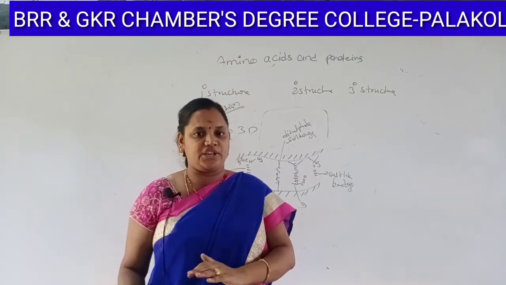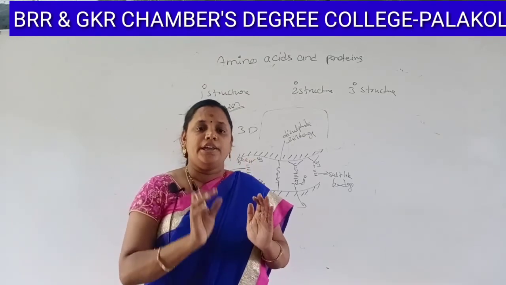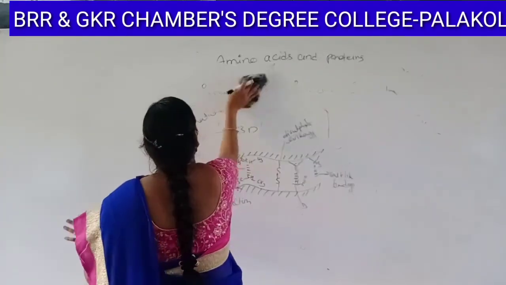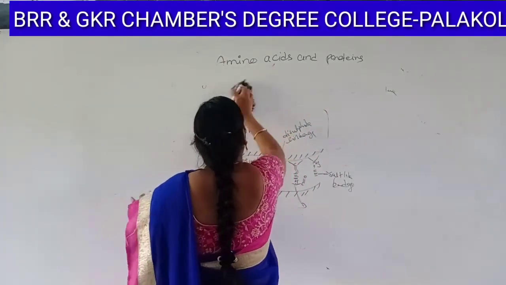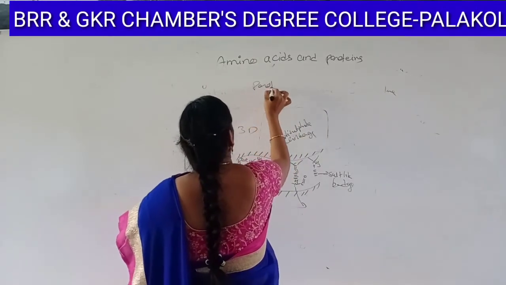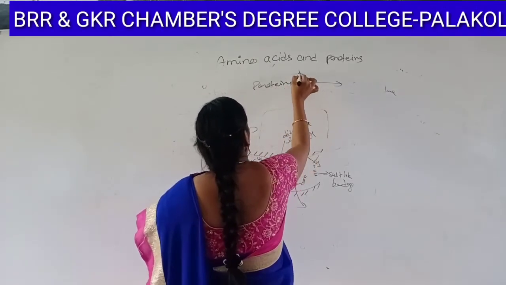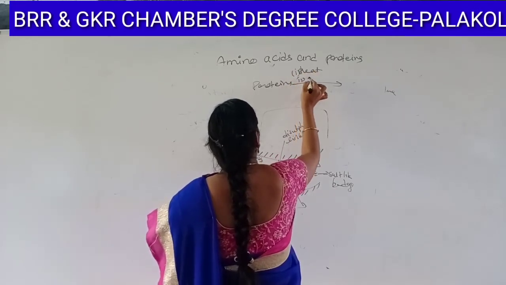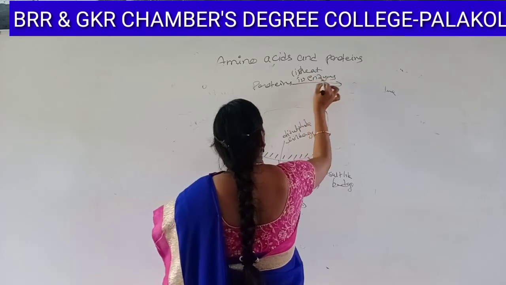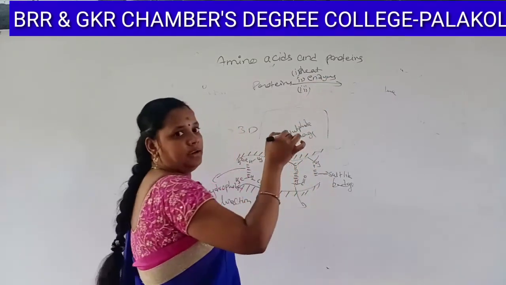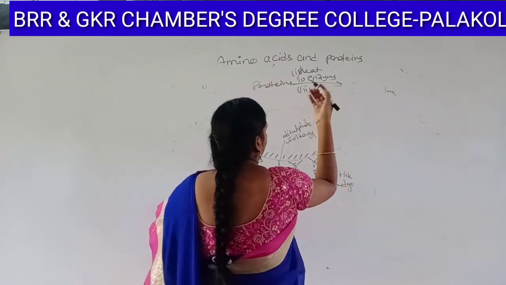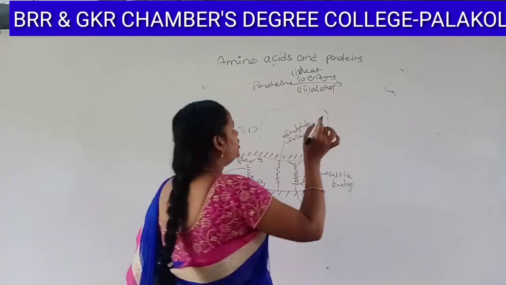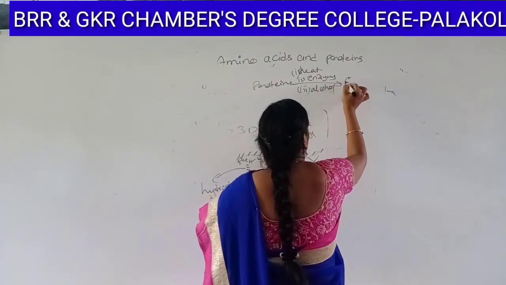Renaturation and denaturation. Let me write and show so that you will be clear. If you take a protein and supply heat, first thing, or attack it with enzymes, second thing, or shake it with alcohol, you will get a coagulated product of protein.